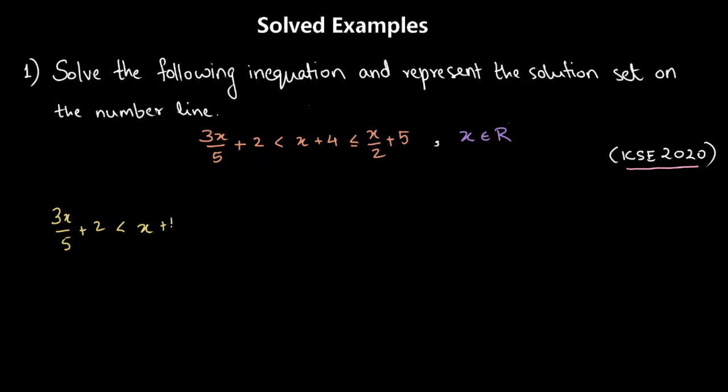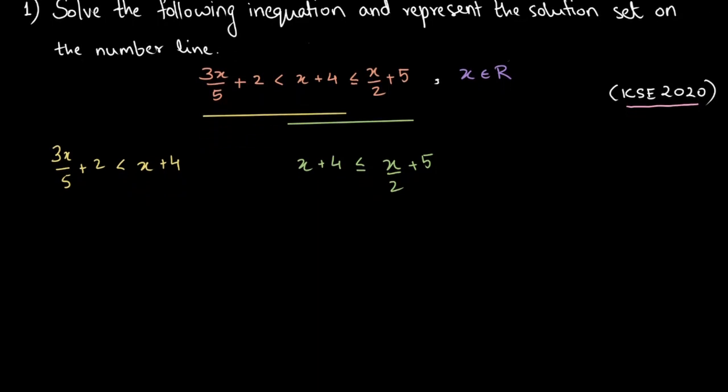The second part will be x plus 4 less than or equal to x upon 2 plus 5. So the idea should be to solve these two inequations separately and then combine the answers that we get, right? So let's start with the first part.